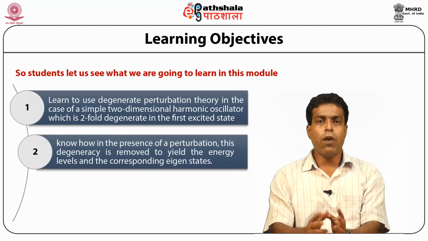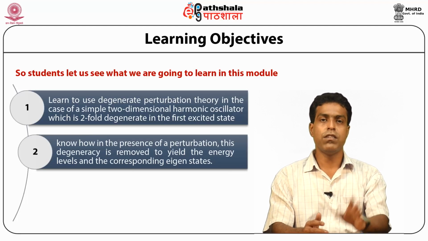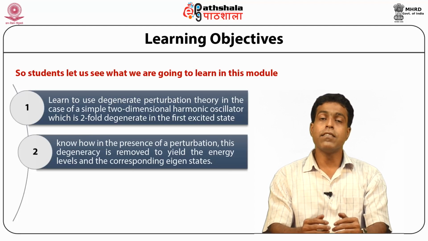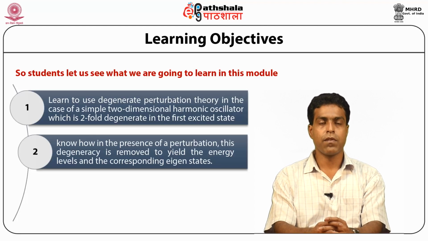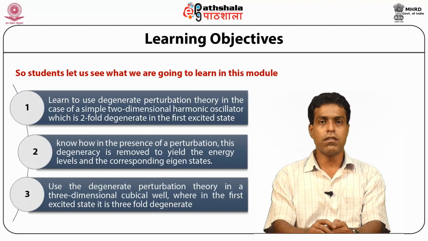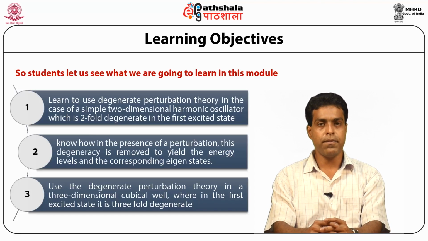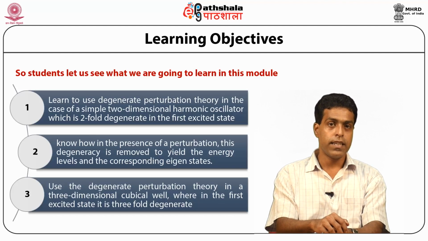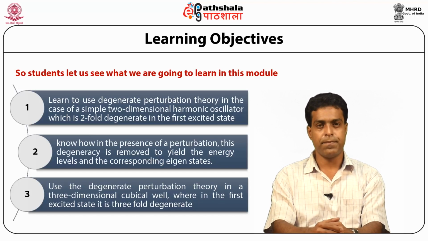We will know how, in the presence of a perturbation, this degeneracy is removed to yield the energy levels and the corresponding eigenstates. We will use the degenerate perturbation theory in a three-dimensional cubical well, where the first excited state is threefold degenerate.